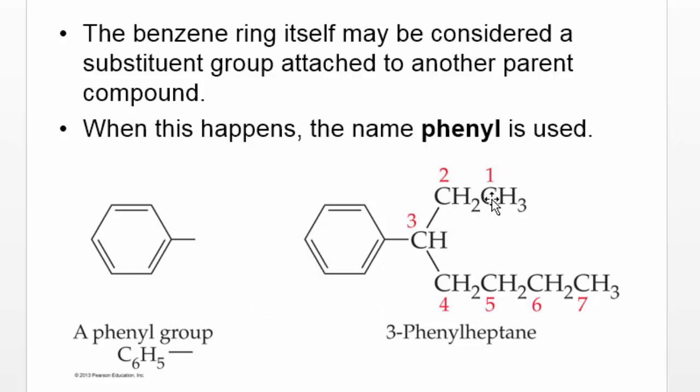So we count from this side 1, 2, 3, 4, 5, 6, 7. We do not count from this side 1, 2, 3, 4, 5. We want to give this a smaller number, 3. So 1, 2, 3. What is in position 3? Phenyl. So 3-phenyl. And what is the parent compound? 7 carbons, heptane. It's called 3-phenylheptane.